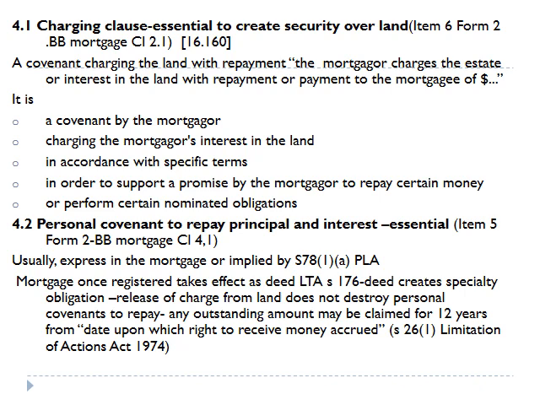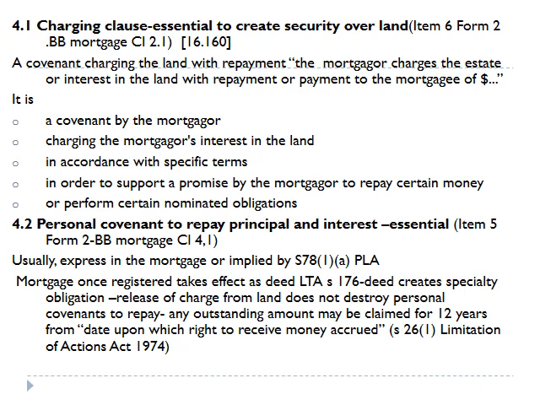And in fact, it's not really a mortgage. Usually, all these covenants, charging and personal covenants, will be expressed in the mortgage. But in an informal mortgage, they may be implied by reference to a statute.